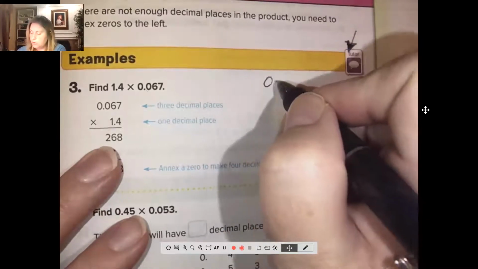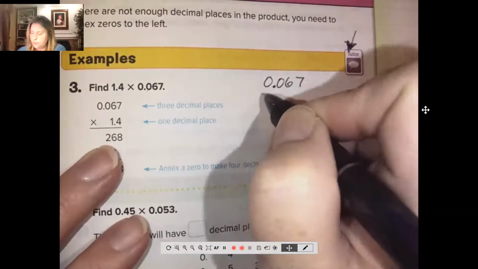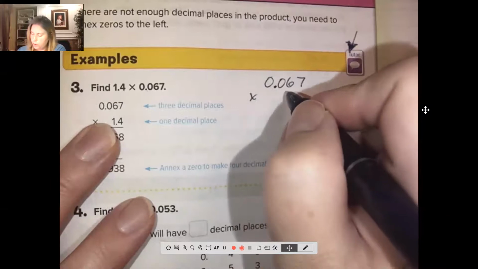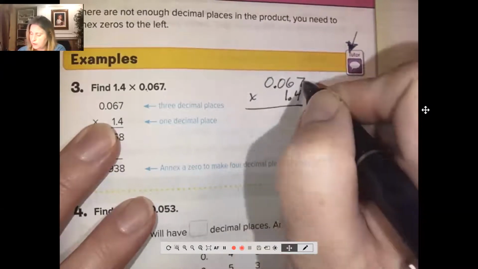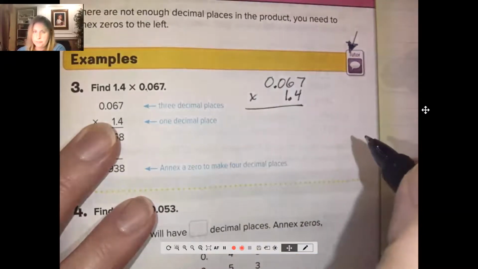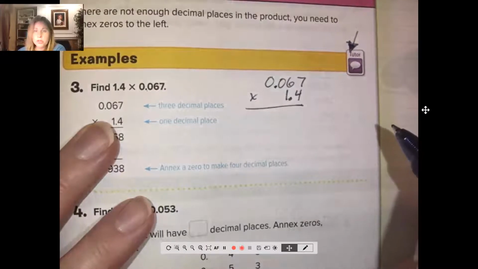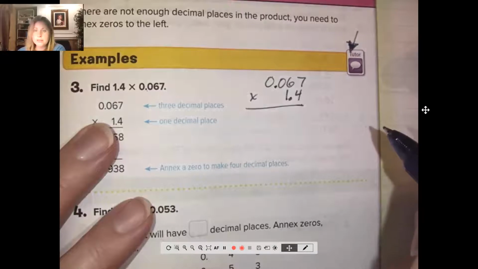Since we're here, we have 0.067 times 1.4. And I'm always very precise. I line these up neatly. I know some teachers give you graph paper. I think that's a really nice tool, especially if you're a sloppy writer or you're worried about making a mistake.